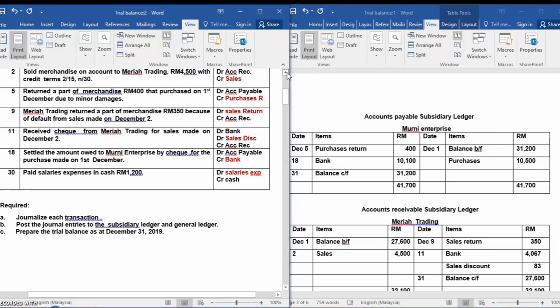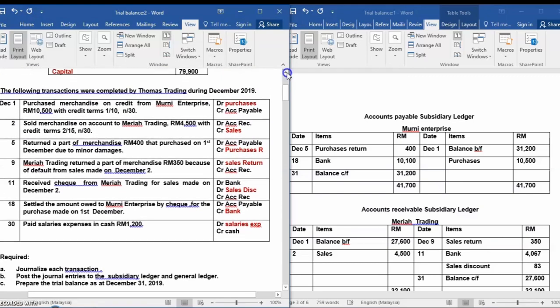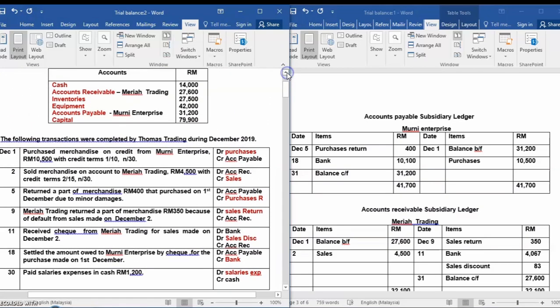The balance for Murni Enterprise given in the question is 31,200, and purchases 10,500 on the 1st of December, and debit account payable 400 on the 5th of December, and we made a payment to account payable on the 18th of December.